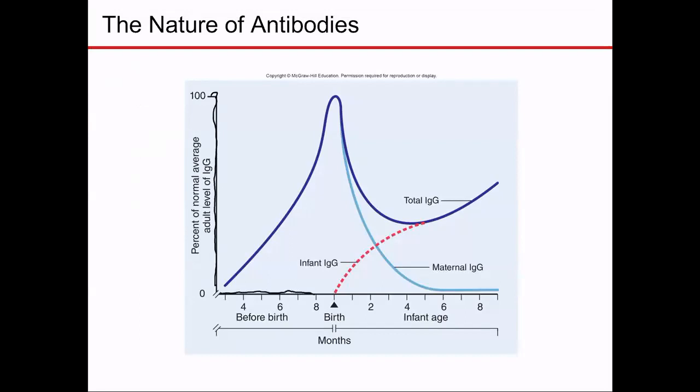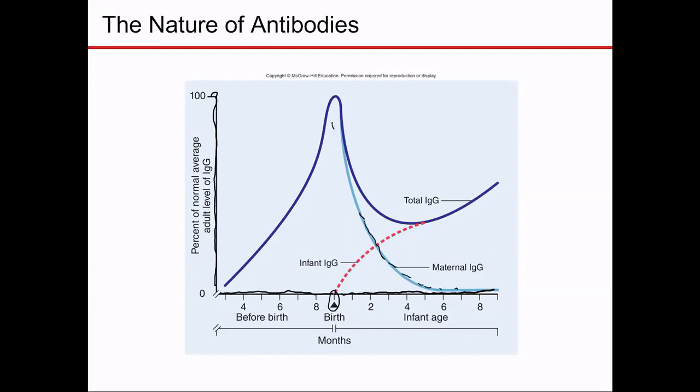Basically, what this graph is showing you here is the levels of IgG in a fetus, right here before birth, and then after birth, what are the levels of those IgG and where are those IgG coming from after birth in that infant. So basically, while that fetus is inside the mother, it's going to rely on the mother's antibodies that are this light blue color that you see here.